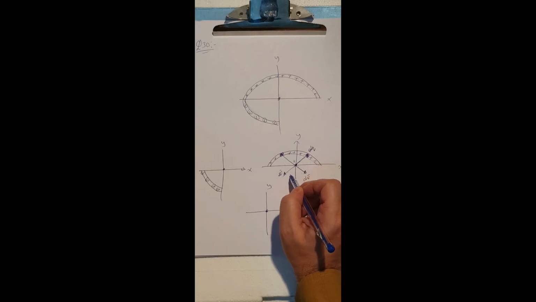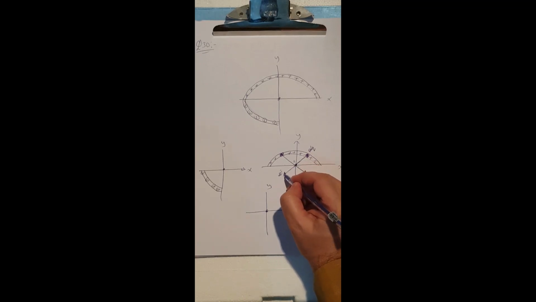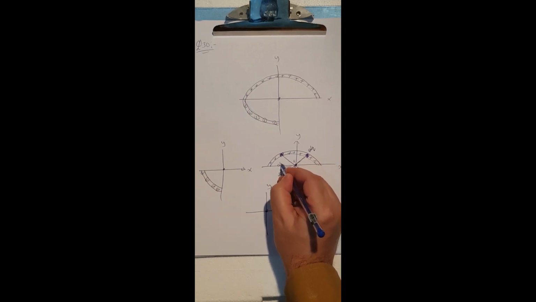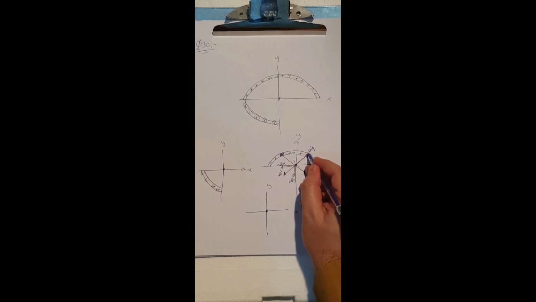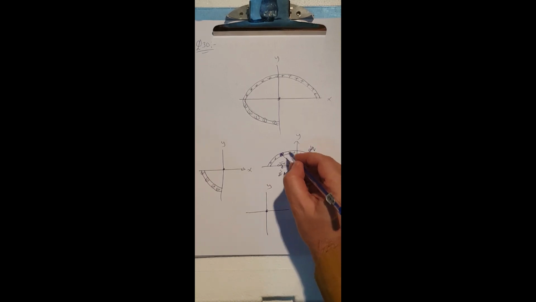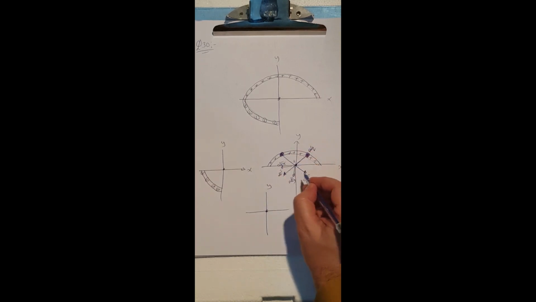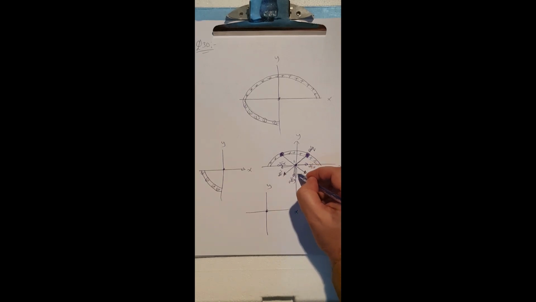Which means now if I take the components of this dE, you have dEx and dEy for this element. But the other element has this dE, so it has dEx and dEy.